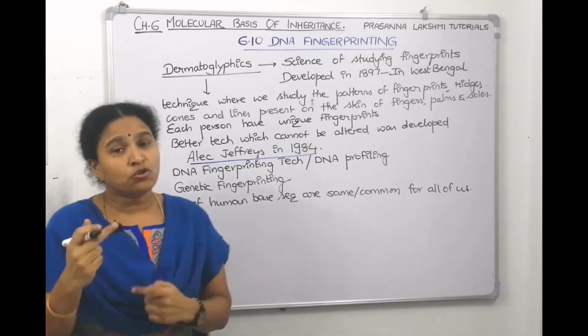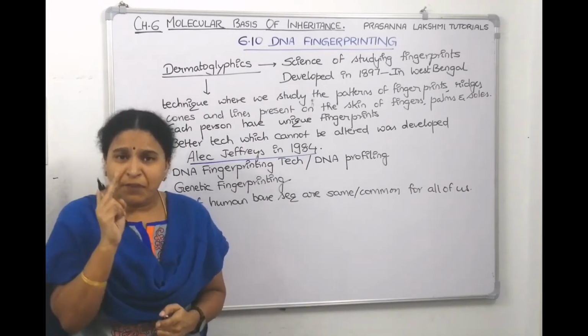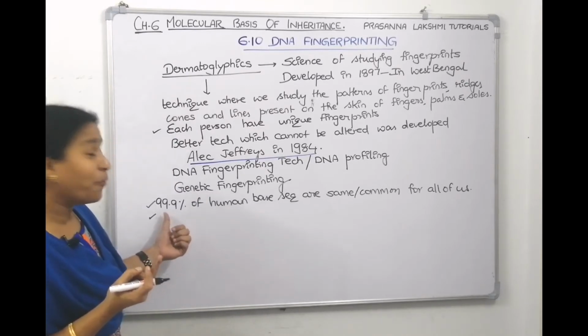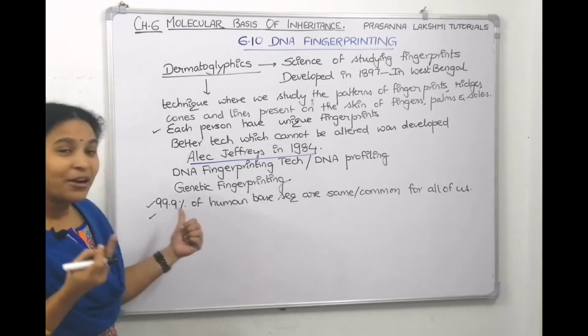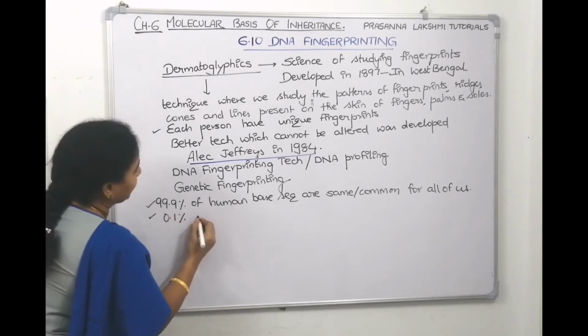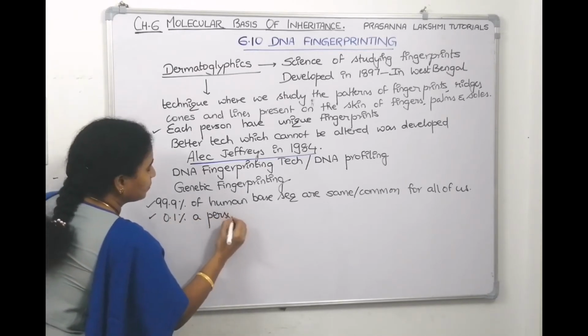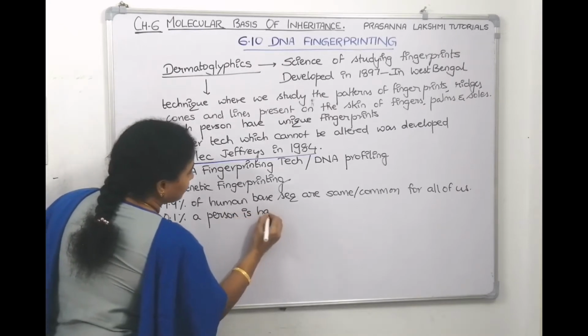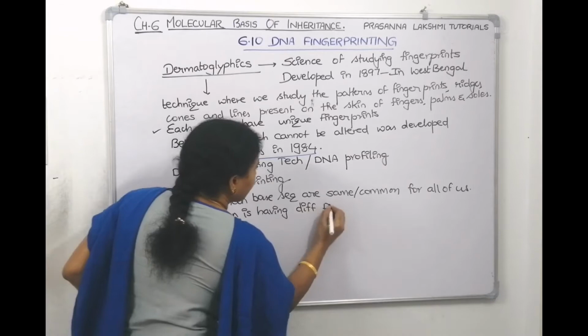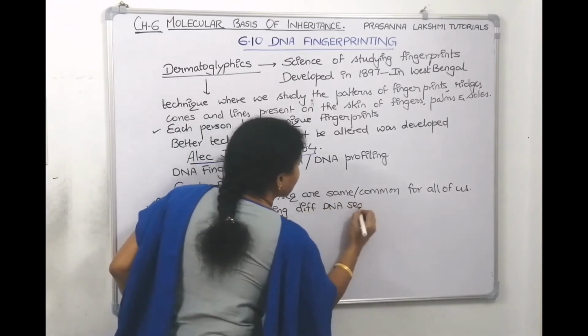That means how much do we vary from each other then? Only 1%, because 99, not 1%, 0.1%. We are telling 99.9% we are same, that means 0.1% a person is having different DNA sequence from others.